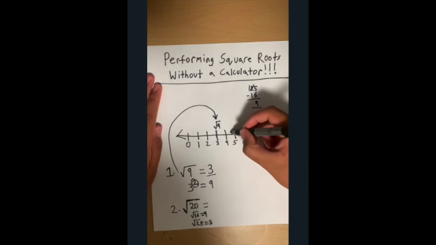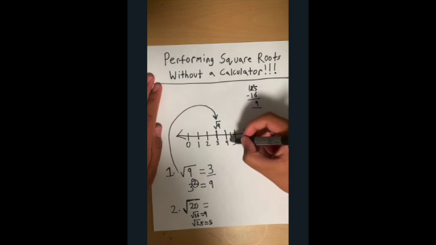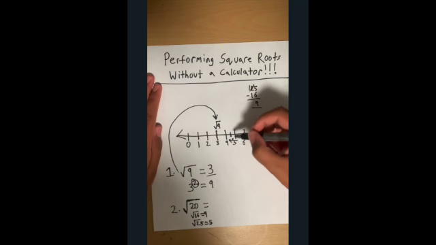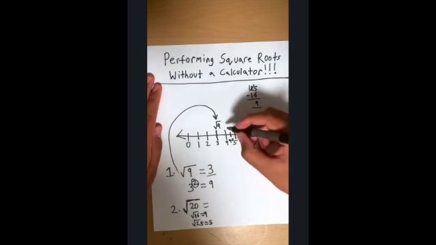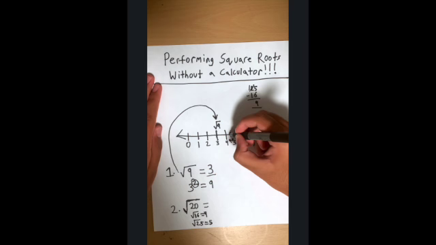So I'm gonna add an extra line here. This is going to represent 4.5, and the square root of 20 is going to be inside this area, and since it is just barely on the square root of 16 side, it is going to be pretty much right here.